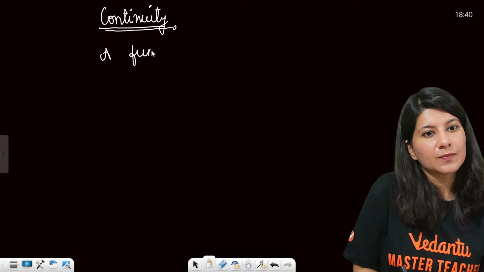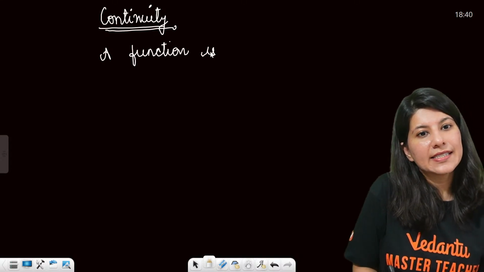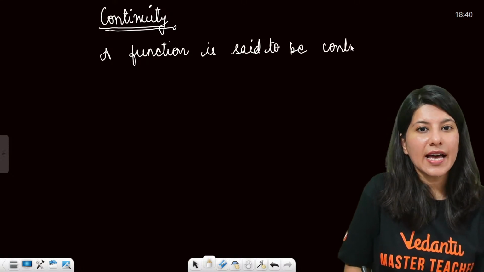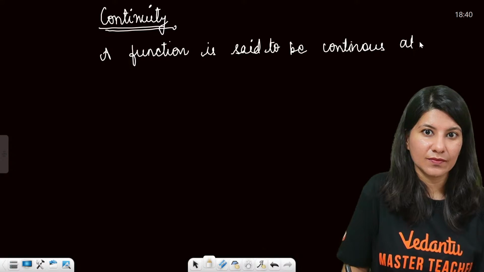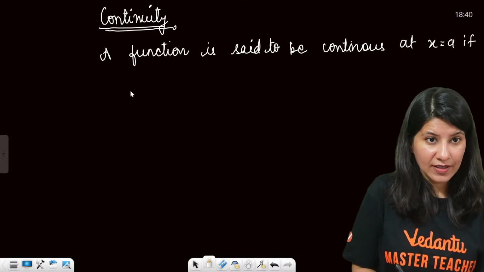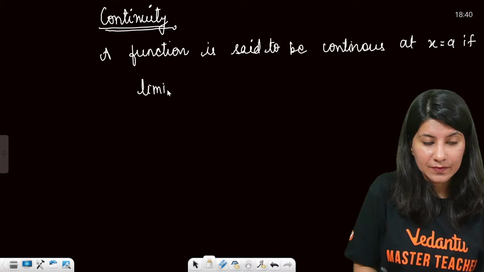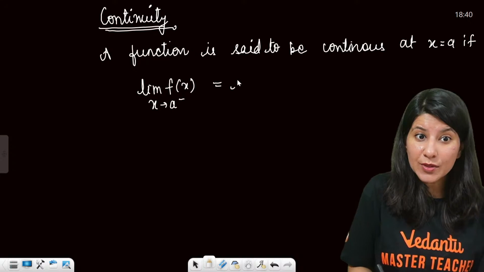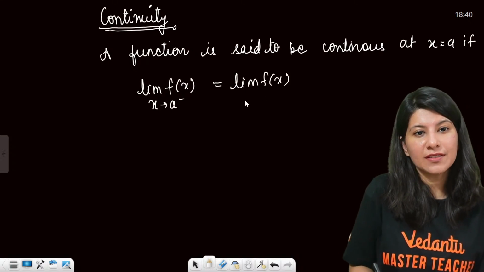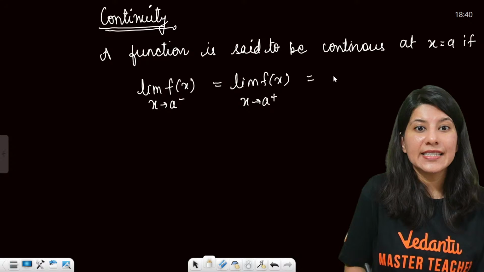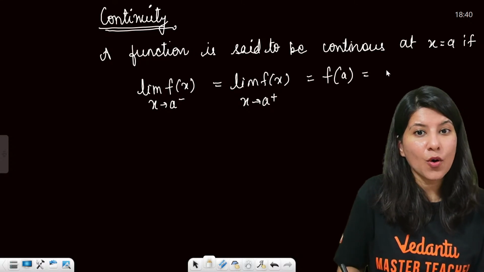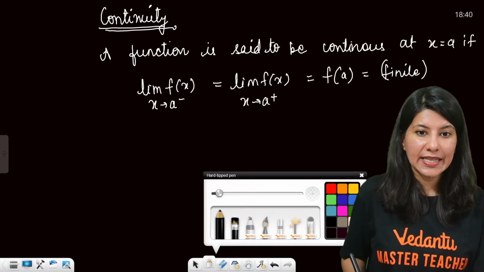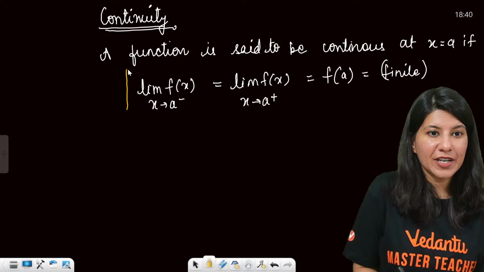A function is said to be continuous at x equals a if the left hand limit of the function is equal to the right hand limit of the function is equal to f of a, and all should be finite. So this is the clear-cut condition of continuity.